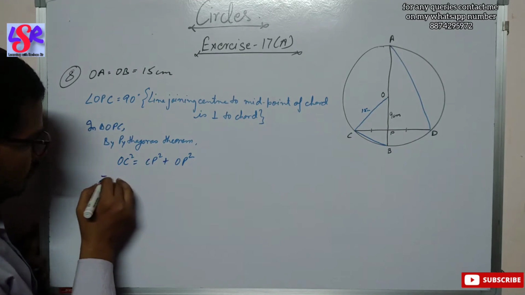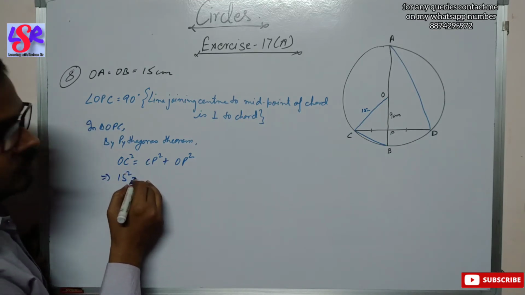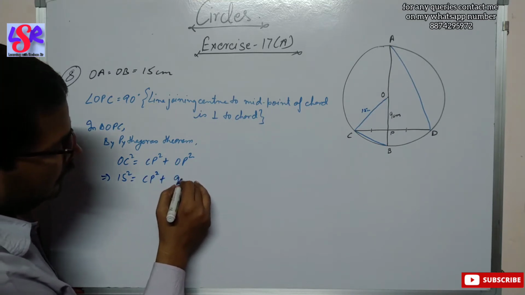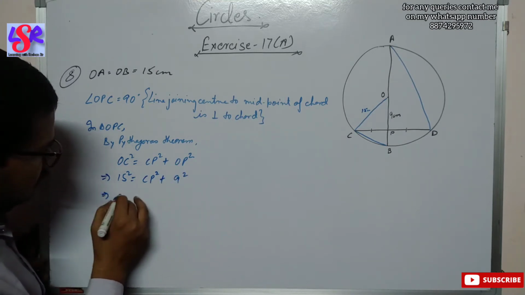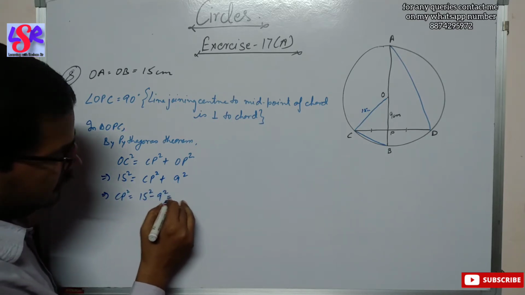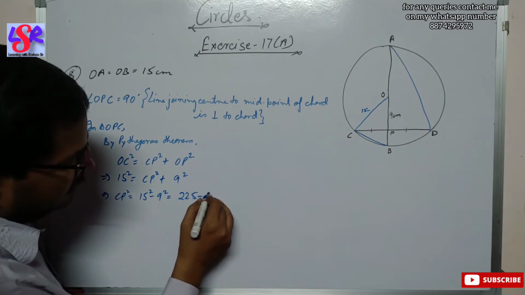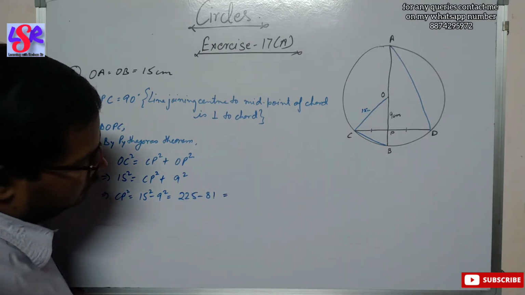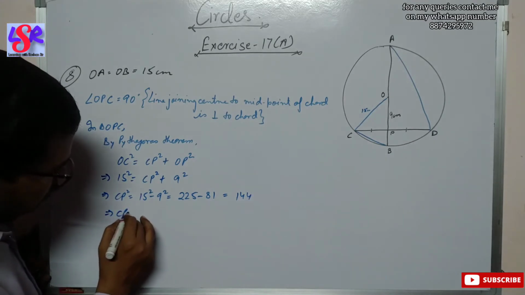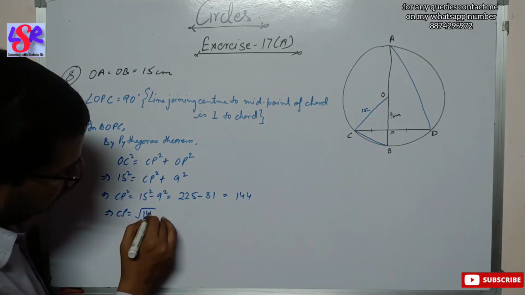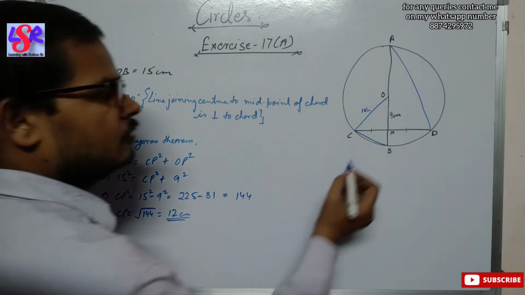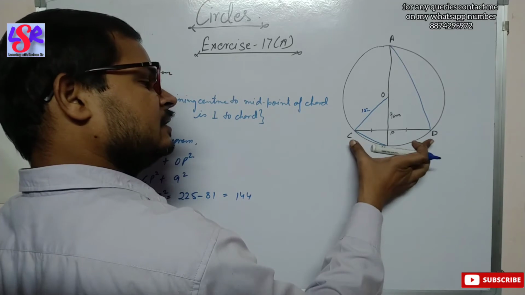On placing the values we get 15 square equals CP square plus 9 square, and therefore CP square equals 15 square minus 9 square, that is 225 minus 81, which equals 144, and hence CP equals the square root of 144, which is 12 centimeter.